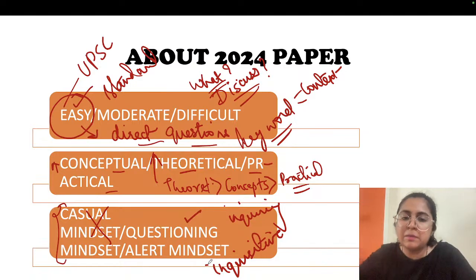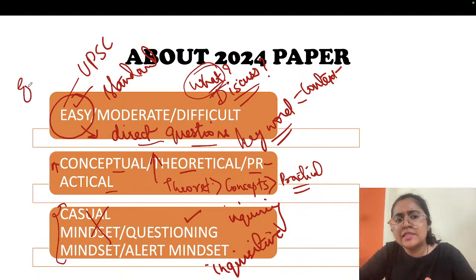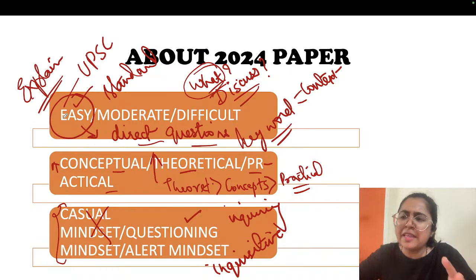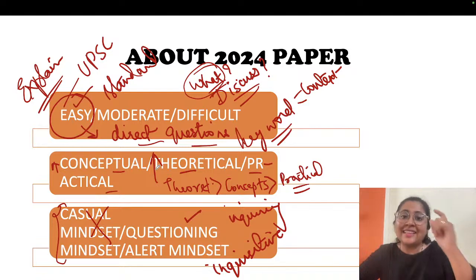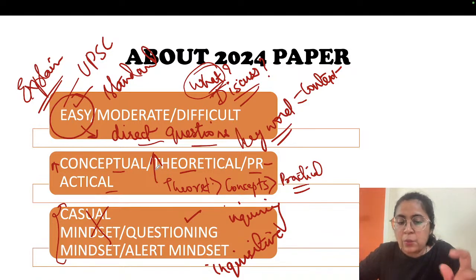Which means when you look at the paper and you identify that there are a lot of questions that start with what, and a lot of questions that have explain in front of them, they are probably quite theoretical. But then I need to be alert, because these are traps. When a question seems easy, you need to comprehend it properly and consolidate the answer properly.